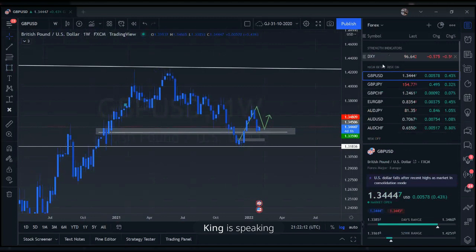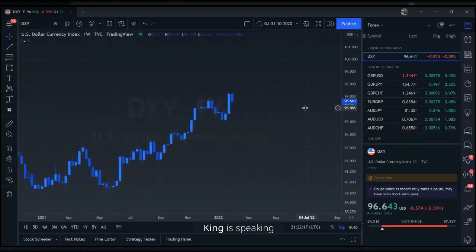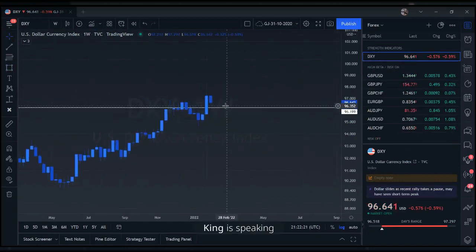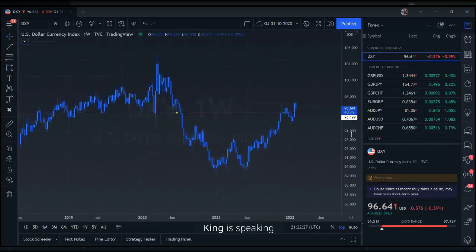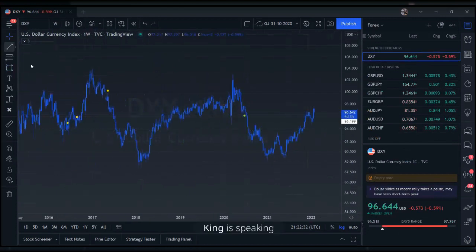I'm not sure how high we can go while the US dollar is trading higher as well. I think once we get to this support level, if we can hold above it, that will give me more confirmation. It does look like as well that market tried to take these lows and couldn't. So we're just returning to bullishness.